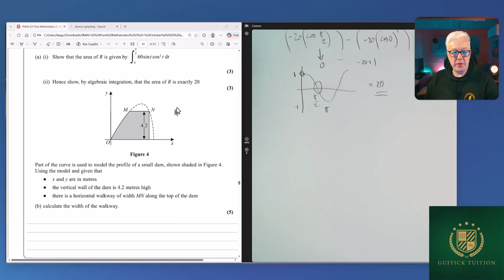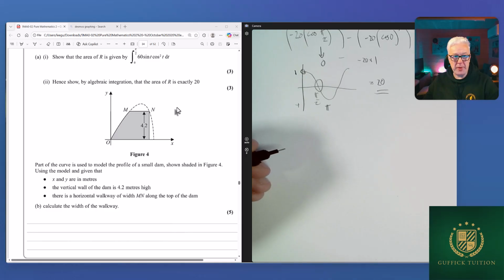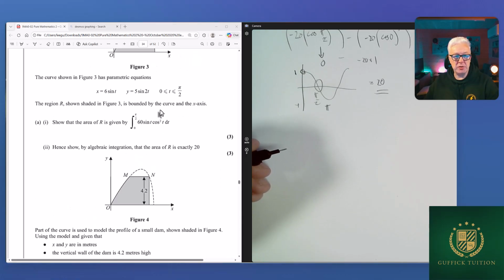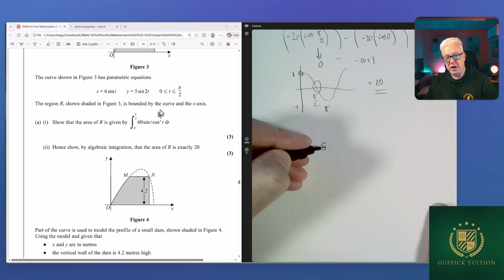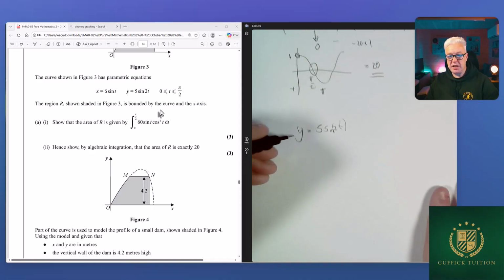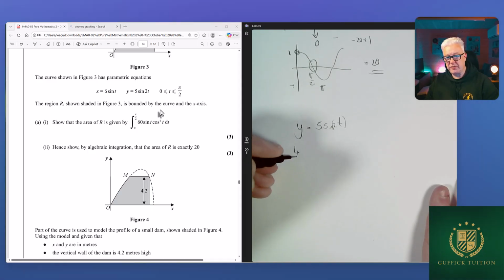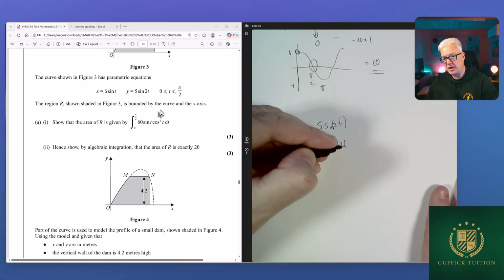So let's have a think about how we're going to do this part. The first thing to notice is that the height of the dam is 4.2 meters. So the y value of the y parametric is going to equal 4.2. The y parametric is y equals 5 sine 2t, so 4.2 equals 5 sine 2t.